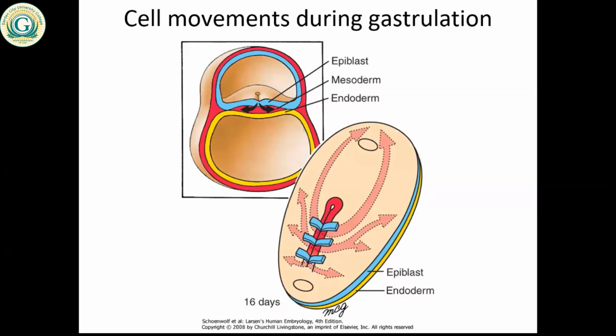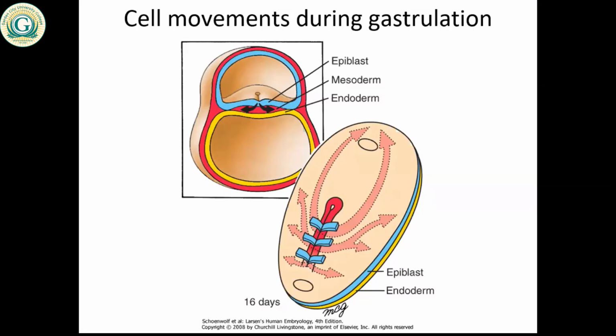Okay. And then if you look at the picture below, day 16, still in week 3, this is showing how the cells are moving. Some cells are moving into the streak, and others will be moving laterally. So while some cells are going in, others will be going lateral to fill the space that is created.